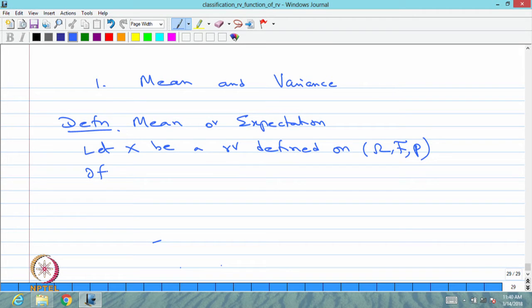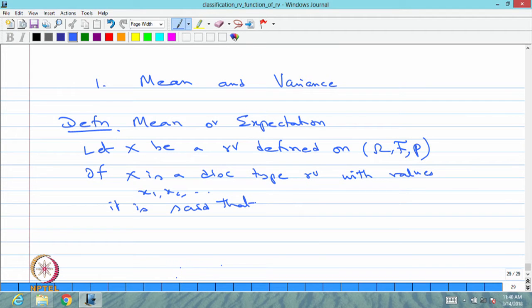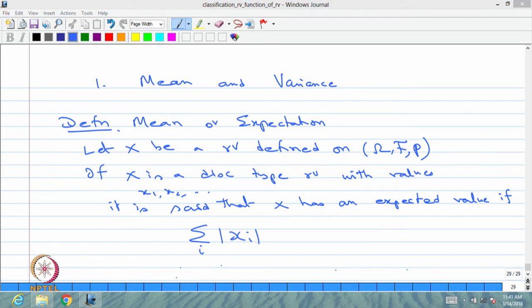If X is a discrete type random variable with values x1, x2 and so on, it is said that X has an expected value if the summation over i of the absolute value of x_i times the probability that X takes the value x_i is a finite quantity.